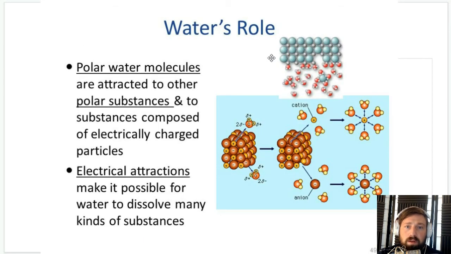Whenever you're talking about things in terms of a solvent, we'll get into solvents and solutes in more detail later on, but remember, a solvent is the thing that is doing the dissolving, in this case water, and the solute is the thing that is getting dissolved, in this case the salt here.